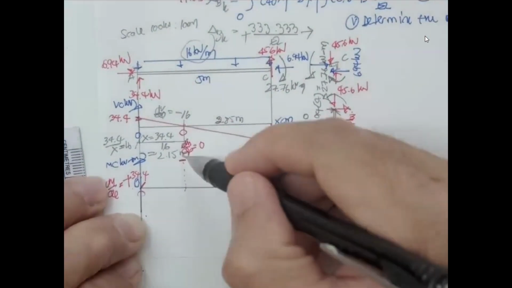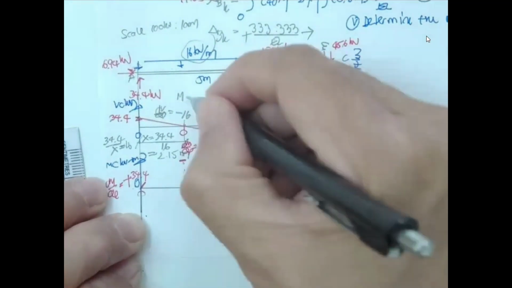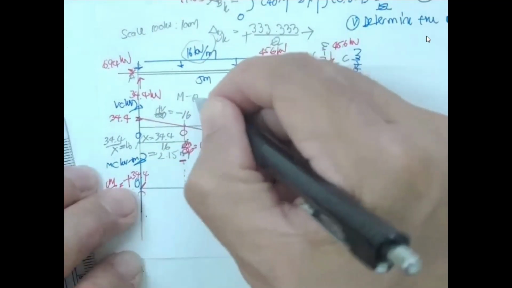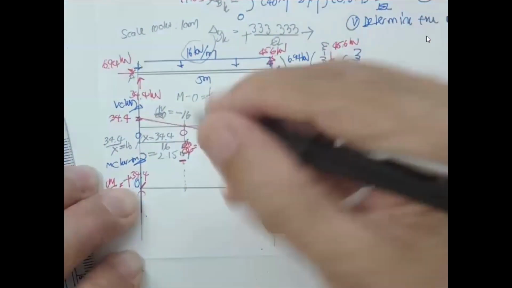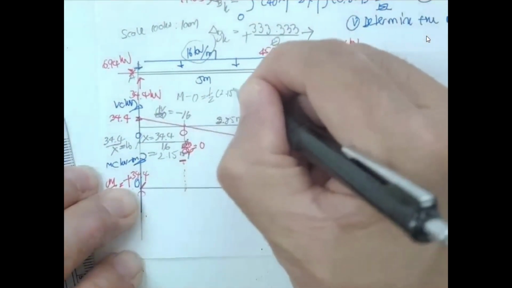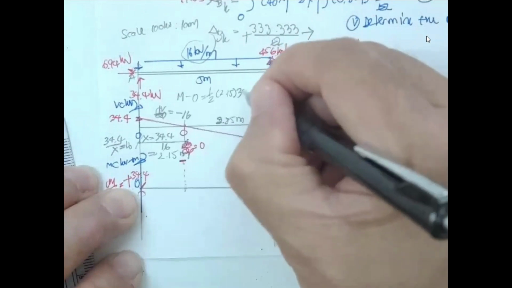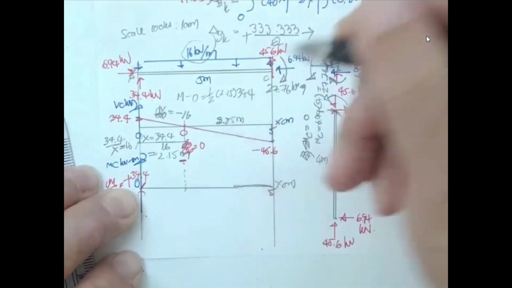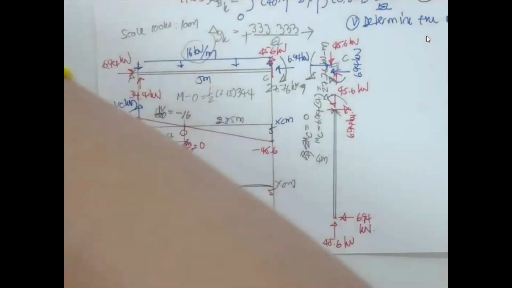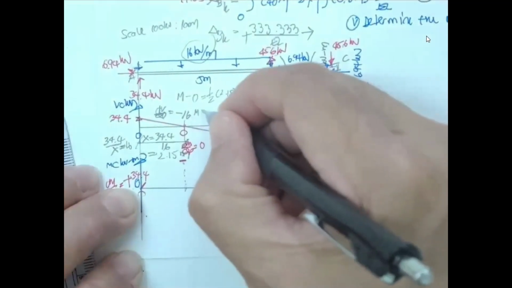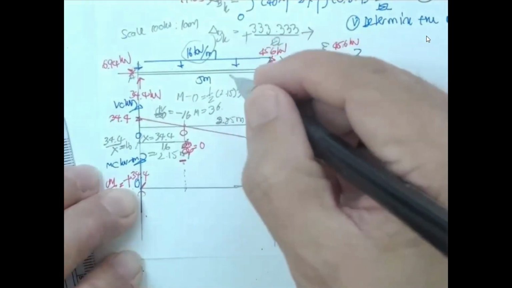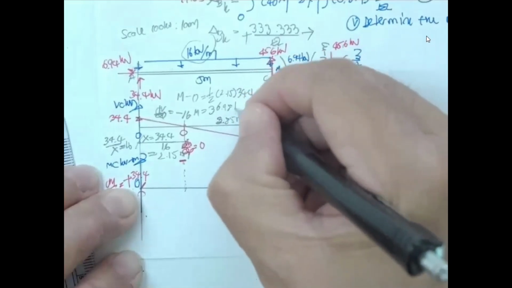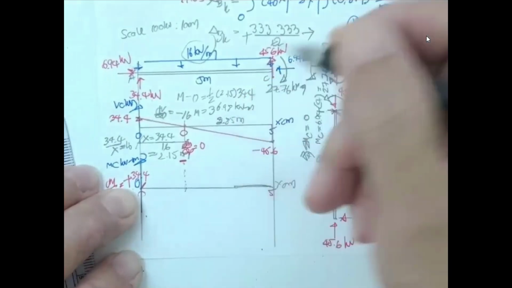What is going to be the moment over here? M over here minus over here 0, and then it's going to be 1/2 of 2.15 times 34.4. And you should get the M over here to be 36.98 kilonewton meter.